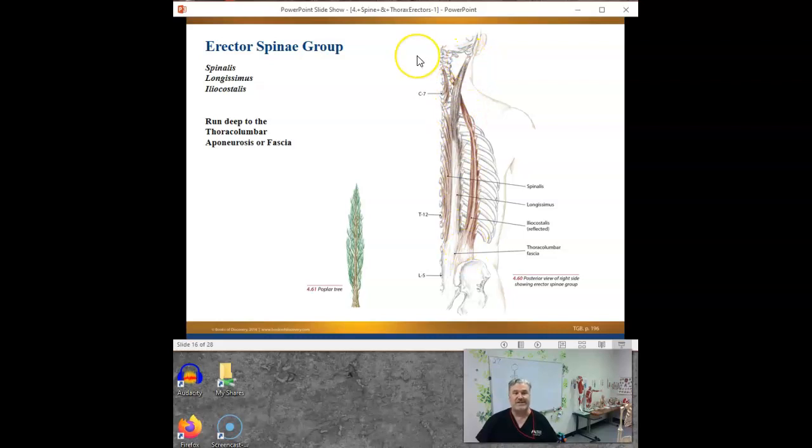I can tell it's the longissimus because it's going up right behind this person's ears to the mastoid process of the temporal bone. Anybody else think of another muscle that attaches to the mastoid process of the temporal bone?